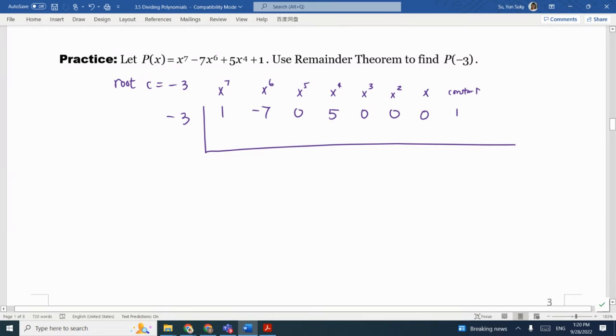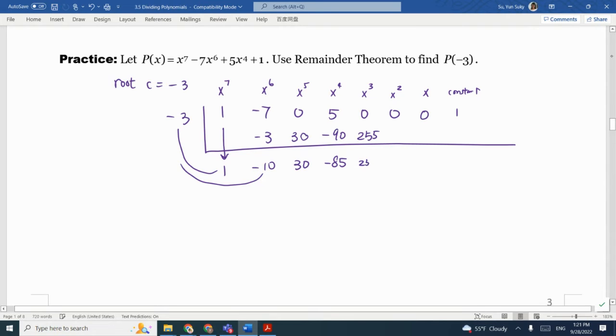Okay, so we start. This is 1. 1 times -3 is -3. Add them, we get -10. Times -3 is 30. And we add them, we get 30. Times -3, -90. Add them, -85. Okay, what's -85 times -3? 255.